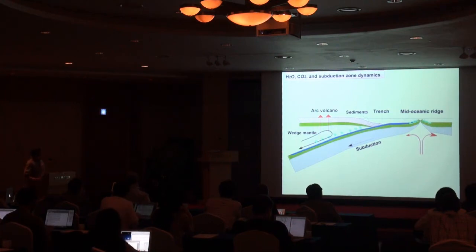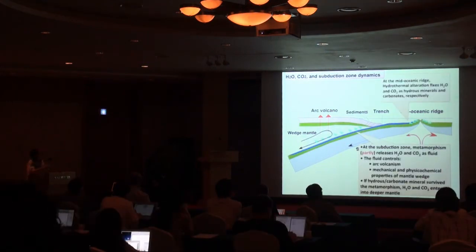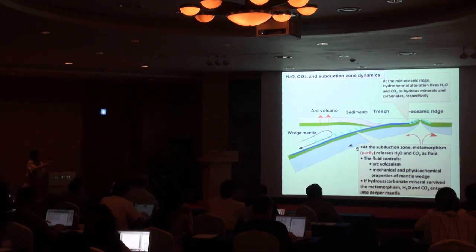Then at the subduction zone, metamorphism occurs, and water and carbon dioxide are partly released as fluid. Such fluid controls arc volcanism and the mechanical and physicochemical properties of the mantle wedge.